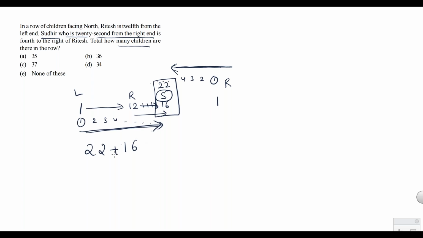Minus 1, because in these 22 I have included Sudhir, and in these 16 also I have included Sudhir. But Sudhir is there only once. So subtract 1 for Sudhir. So that is 22 plus 16 minus 1, 37. Answer option C.